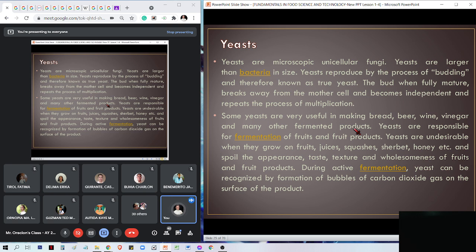So, some yeast are very useful in making bread, beer, wine, vinegar, and many other fermented products. You know what? Yeast also is being used in fermentation. Yeast are responsible for fermentation of fruits and fruit products. So yeast are undesirable when they grow on fruits, juices, squashes, sherbet, honey, and etc.